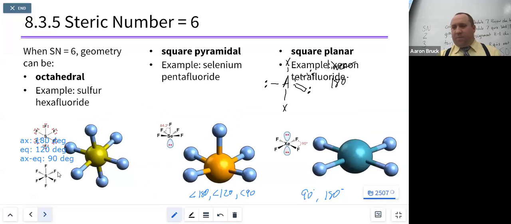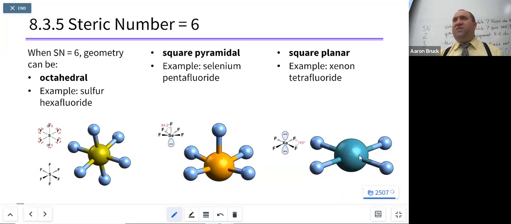When we get to steric number 6, it actually does get a little bit easier. For one, there are only two subshapes other than octahedral, so we've got three subshapes instead of four. The other thing is that the bond angles significantly simplify.